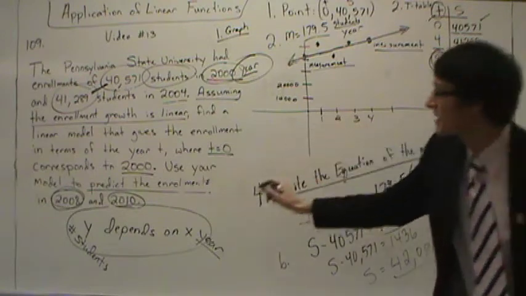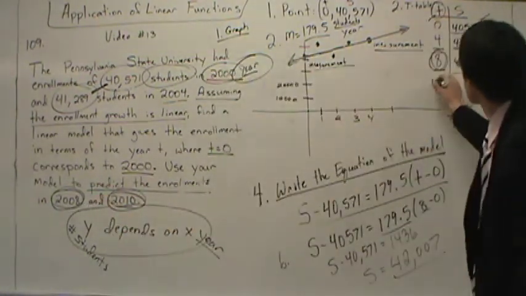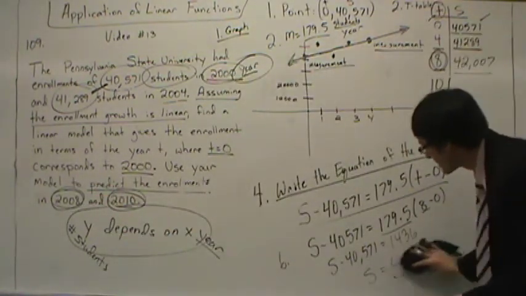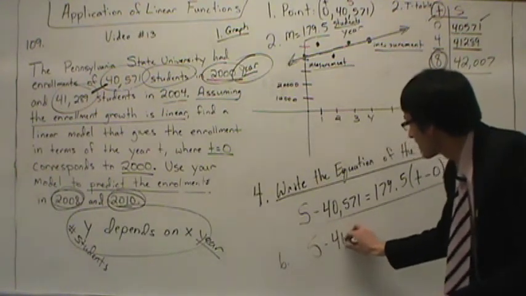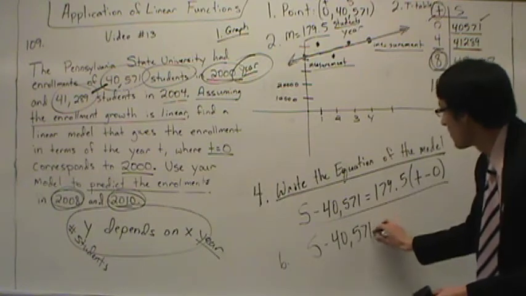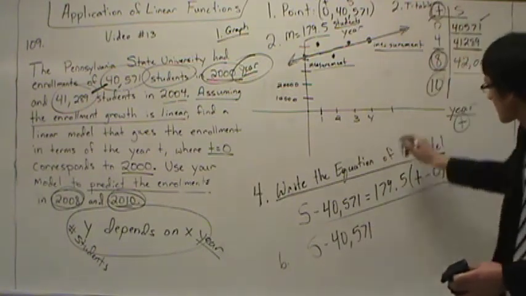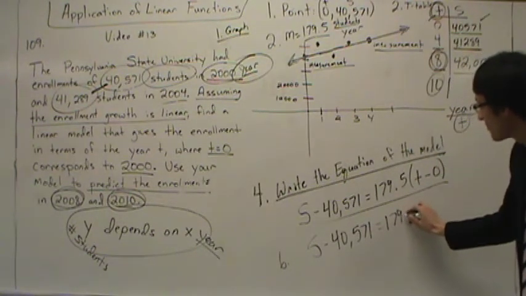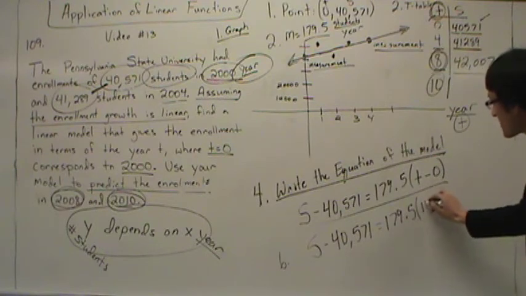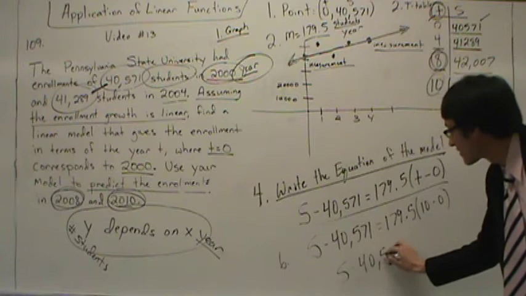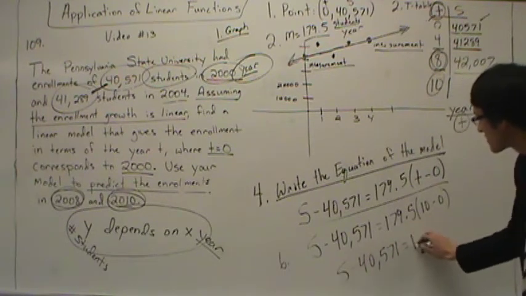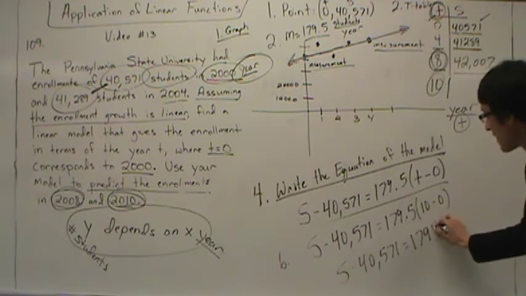Now you just have to predict for 2010. 2010 requires that you put 10 in for t. We end up with s minus 40,571 equals 179.5 times quantity 10 minus 0, which gives s minus 40,571 is equal to 1,795.